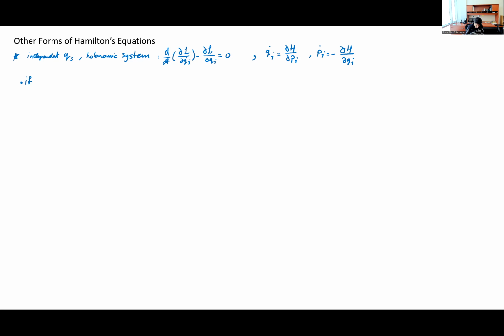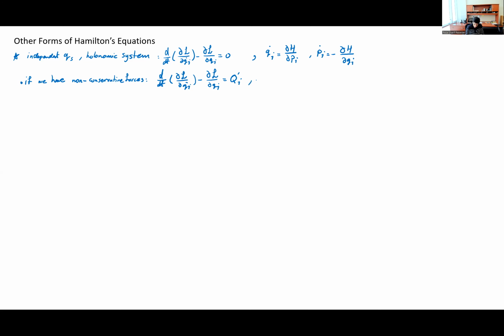Now, if we have non-conservative forces, the Lagrange form d over dt of partial L partial q dot i minus partial L partial qi is equal to Q prime i, the generalized non-conservative forces.